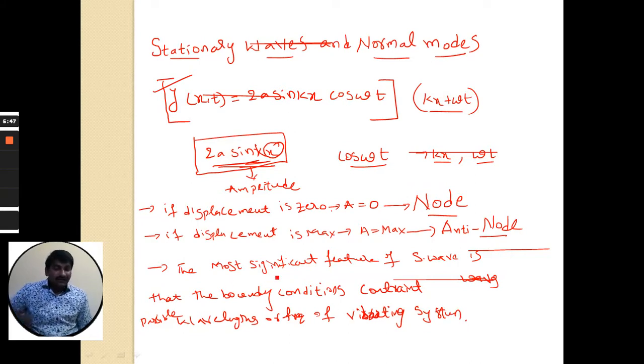Here the most significant feature of the stationary wave is that the boundary conditions constrain the possible wavelengths or frequencies of any vibrating system.